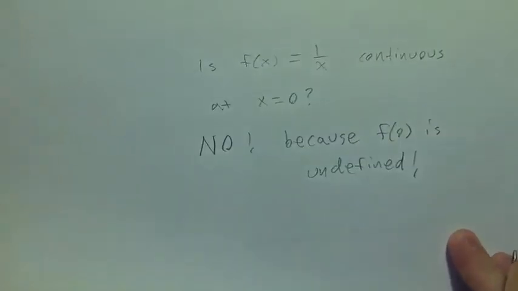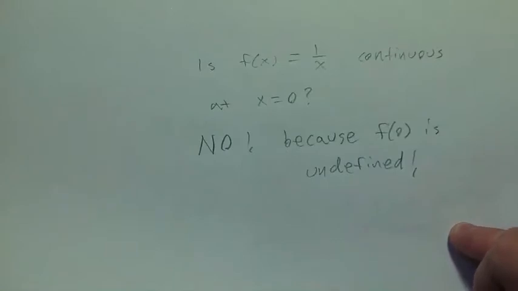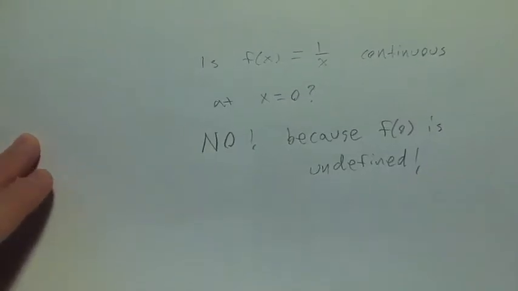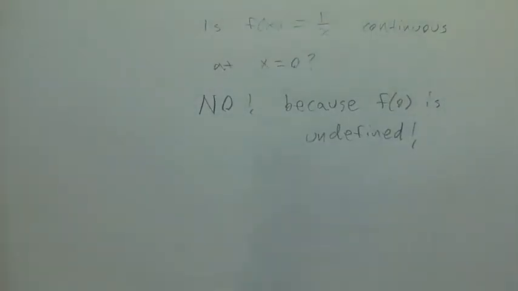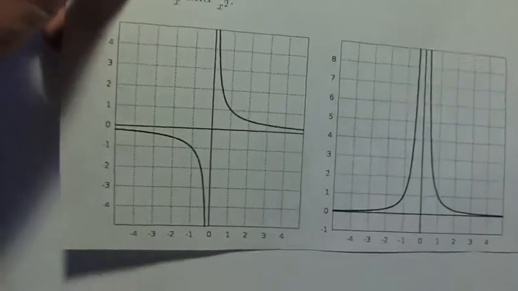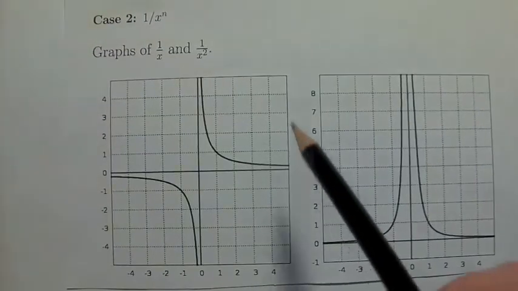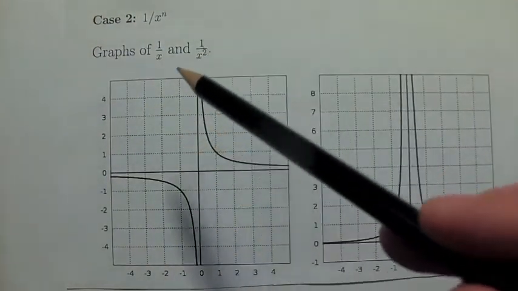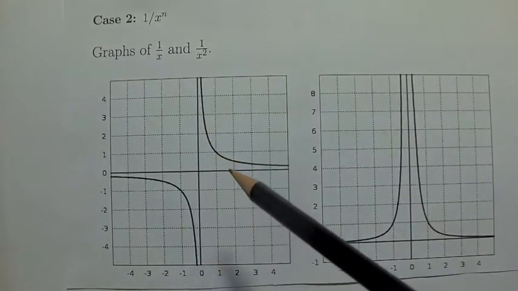Bam, done. Okay? Is f of x equal to 1 over x continuous at x equals 0? Absolutely not. F of 0 is undefined. And in fact, if we go back to the graph of 1 over x, here's the graph of 1 over x, you see we get a blow-up point at 0.